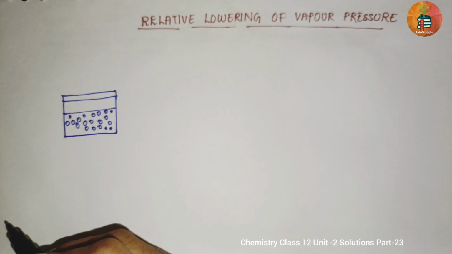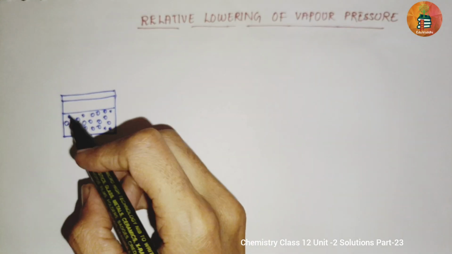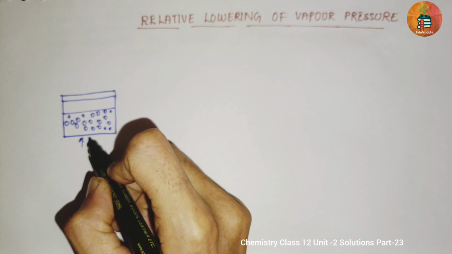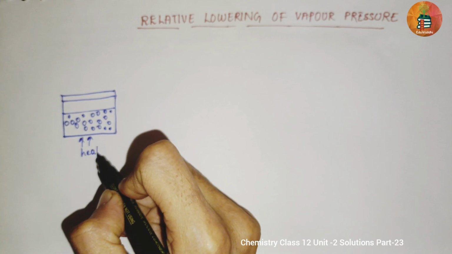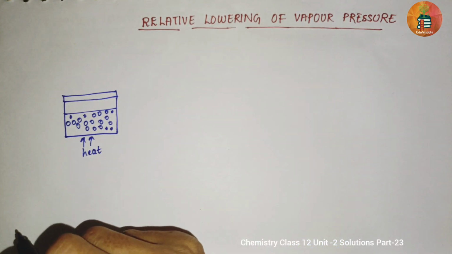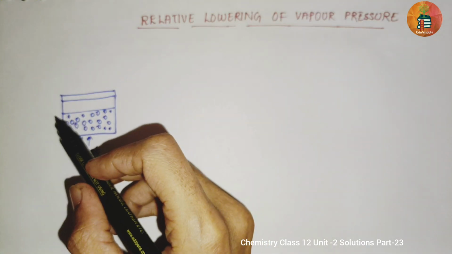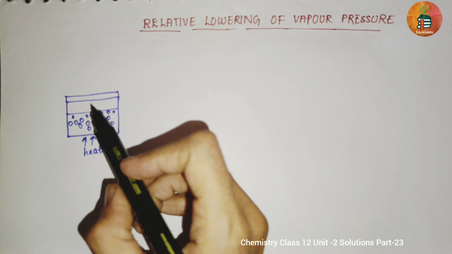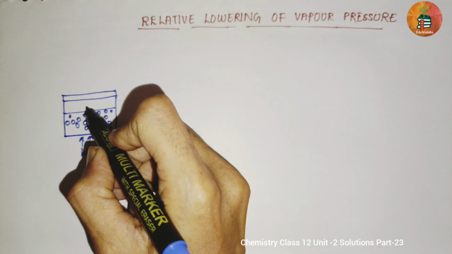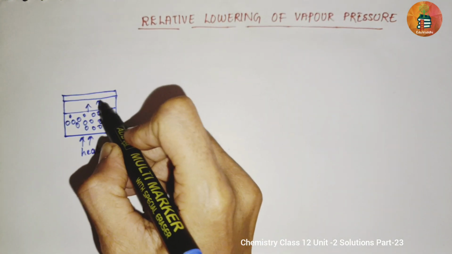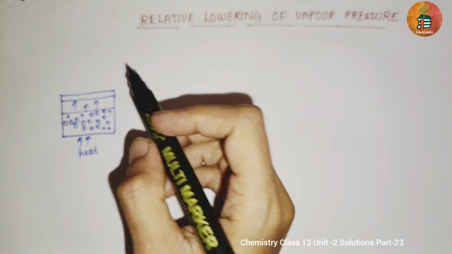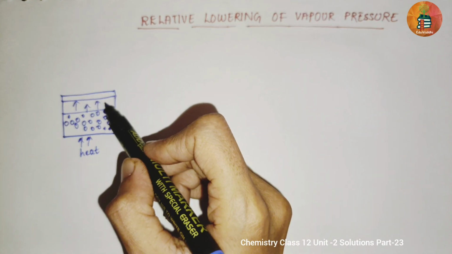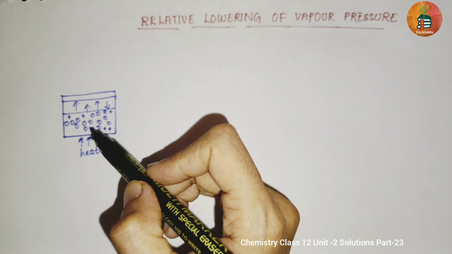Now, think that the temperature of this solvent is increased, or it is heated. What happens when you heat? The liquid state of this matter will change into vapor state, and strike the lid of this container or walls of the container and return back, or it condenses back.